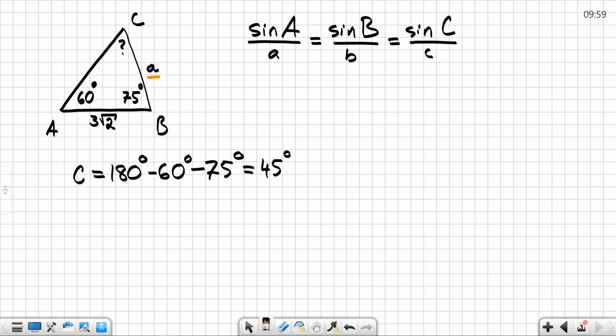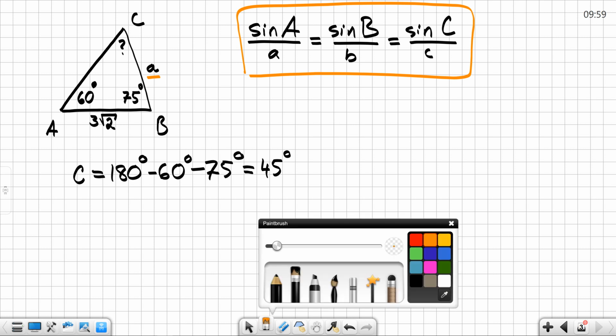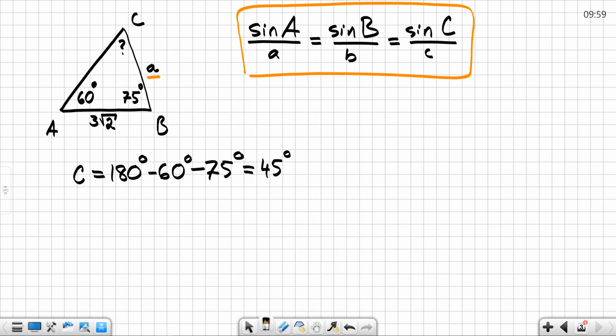I have an angle and the opposite side length, and I have an angle and the opposite length of the angle I am trying to find. I will not use this form of my law of sines, but the equivalent one where my unknown will be on top.